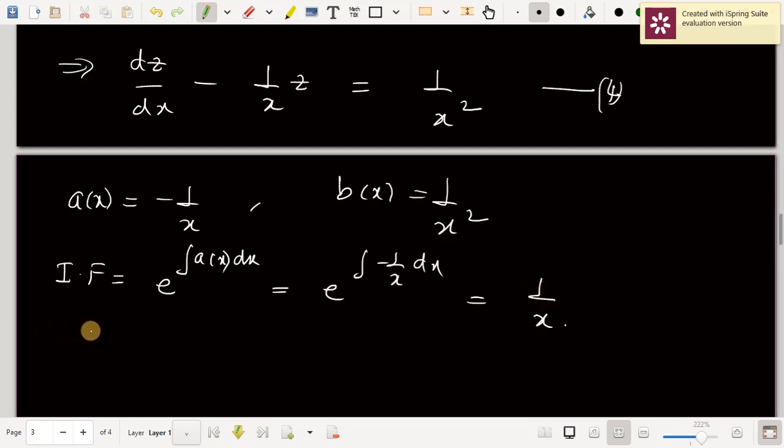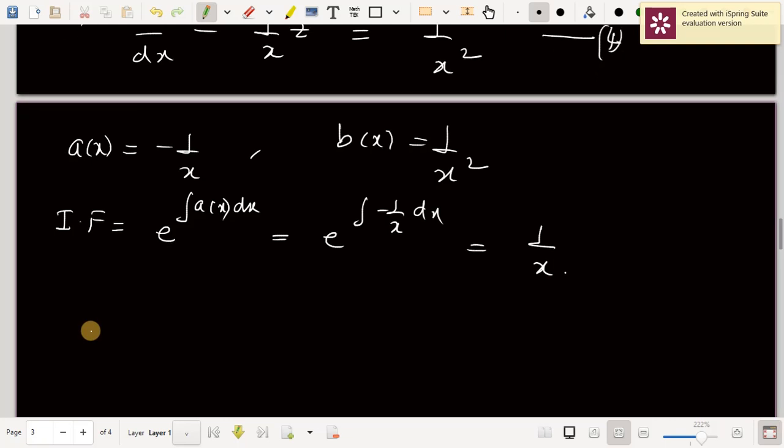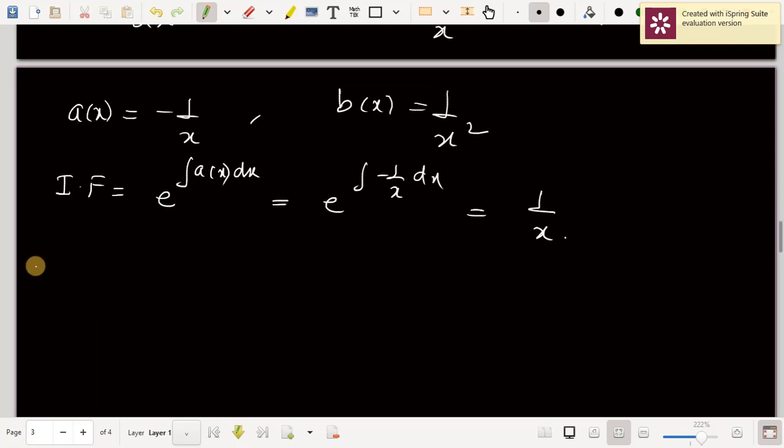So thus the solution is given by, I'll directly write down. For this you'll have to refer to the previous lecture, that is lecture 5a, how we get the solution using integrating factor of the linear equation.